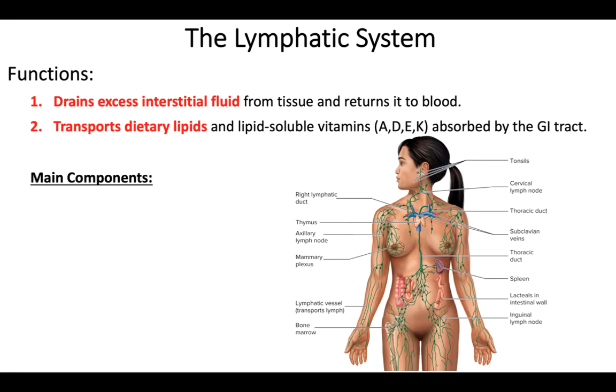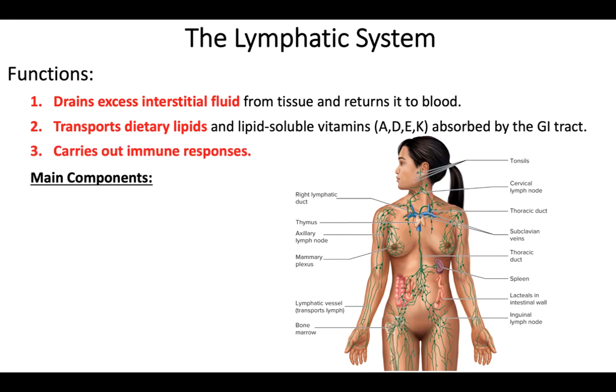So we'll just mention it briefly here and probably won't really discuss this again until we get to the digestive system. But it's important for you to know that your lymphatics plays a really important role in absorbing dietary lipids and then eventually transporting them into your bloodstream.